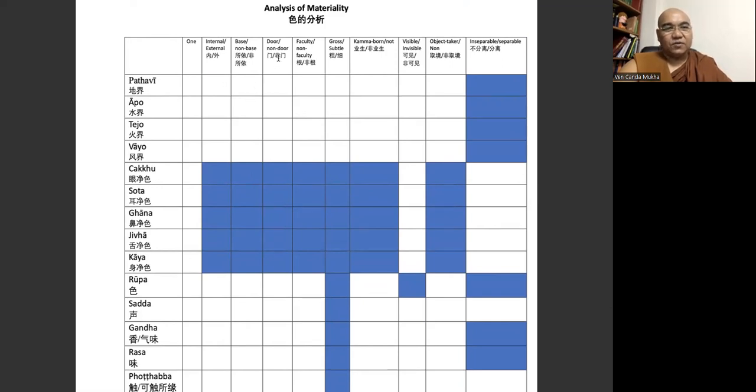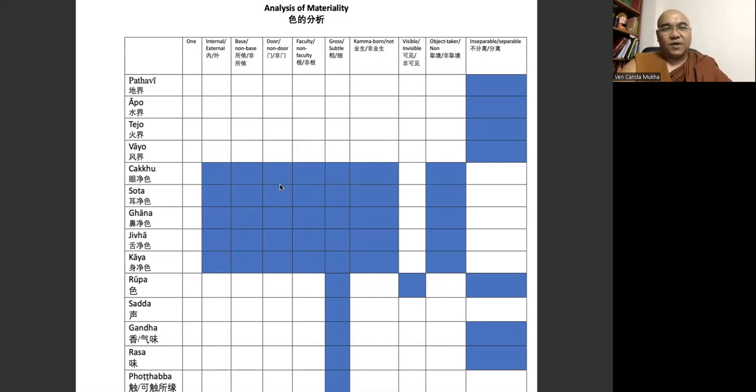So also door and no door. Okay, non-door. Some of the rupa can serve as the door. The door, as you see, is that through which we enter and go out. So also in our physical body we have 6 sense doors.